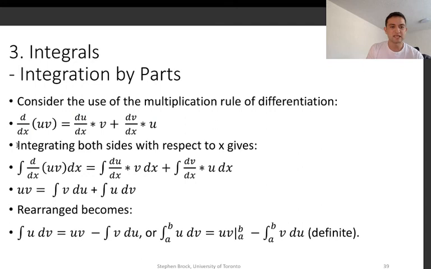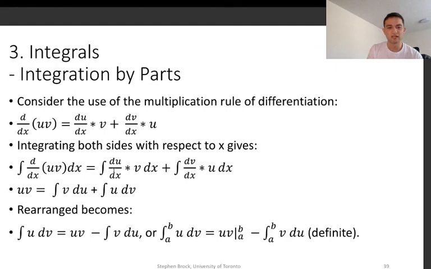But now let's integrate both sides with respect to x. If we integrate the left-hand side with respect to x, we're taking the derivative and then integrating, and because these are complementary operations, we're just left with our original uv. On the right-hand side, we have the integral of du/dx times v dx.